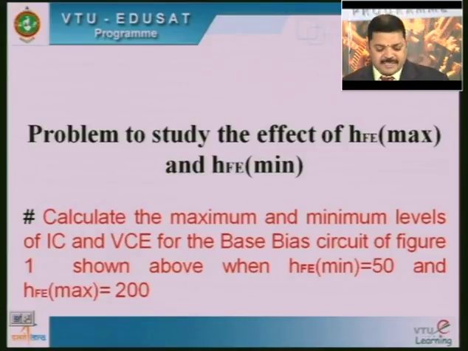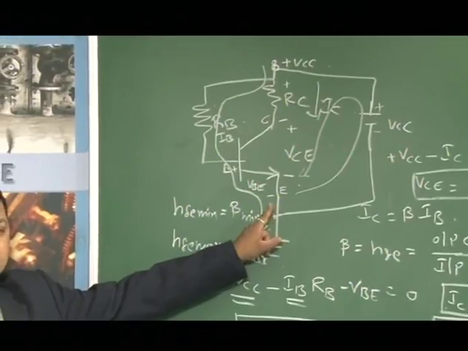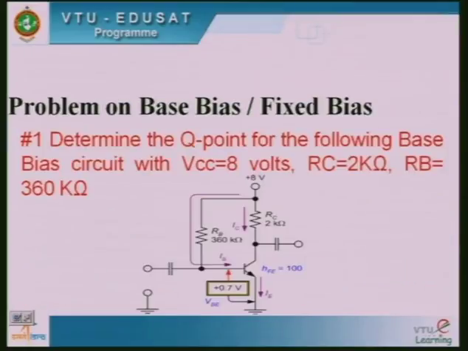So, the problem is: calculate the maximum and minimum levels of IC and VCE for the base bias circuit of figure 1. Figure 1 is already written on the board; this is the figure 1 which I considered in the previous slides.